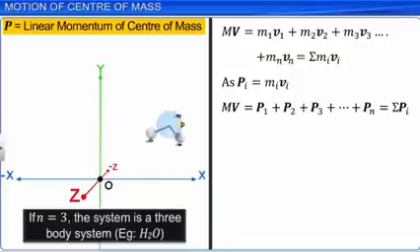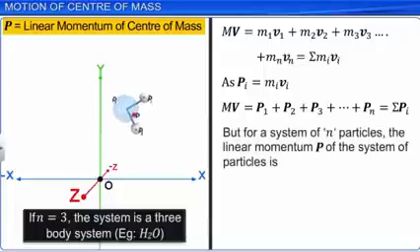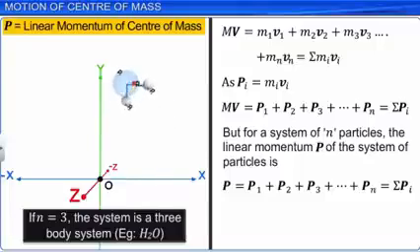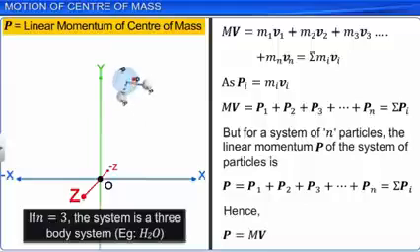But for a system of n particles, the linear momentum p of the system is p1 plus p2 plus p3 and so on, plus pn, which is equal to sigma pi. Hence, p is equal to mv. Let this be equation 4.